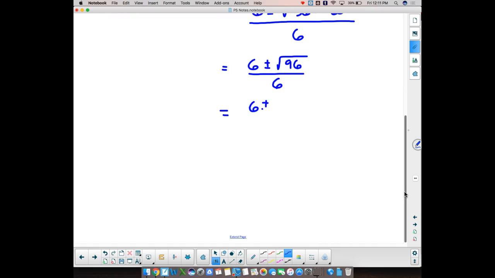What's 96? 96 is 4 times 24, and 24 is 4 times 6. So here's a perfect square, here's a perfect square. So that's really 4 times the square root of 6, all over 6.